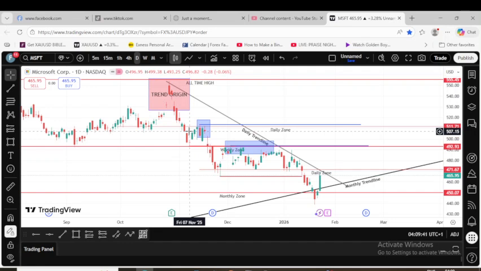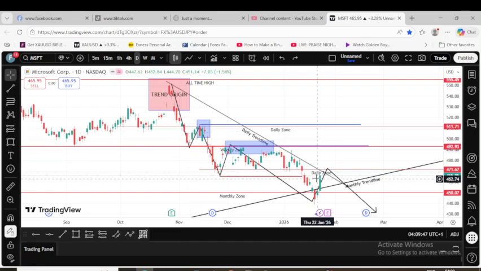Price seems to be in a correctional phase on the daily time frame. So what we want to do is find out if there's any particular pattern that price prints out when it is switching from a correctional phase on the daily time frame to an impulsive phase.